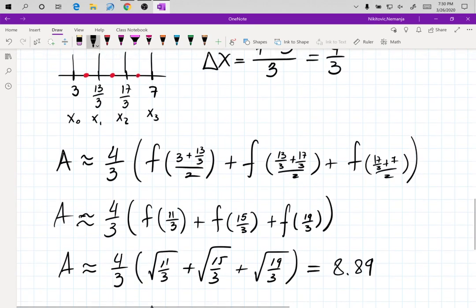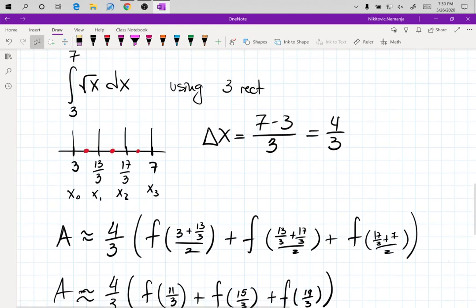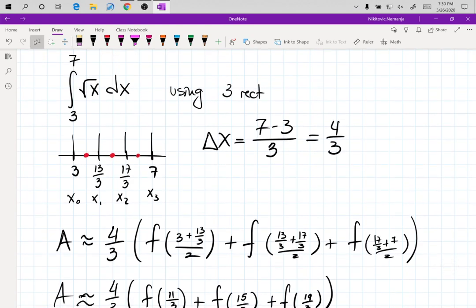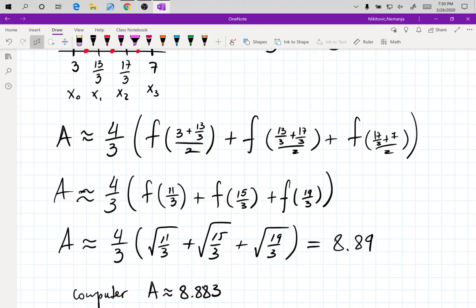You just need to know the formula. So you take your limits, which creates the interval. You divide the integral into the number of rectangles you are given, and then just plug everything into the formula and just grind through arithmetic.